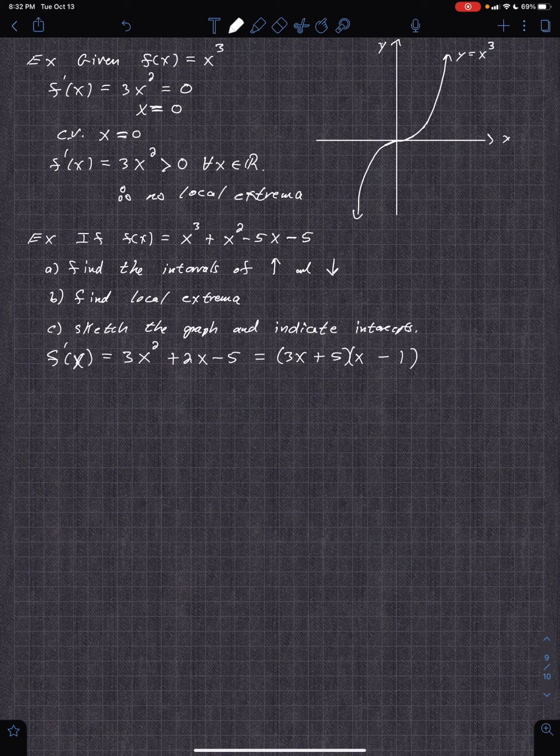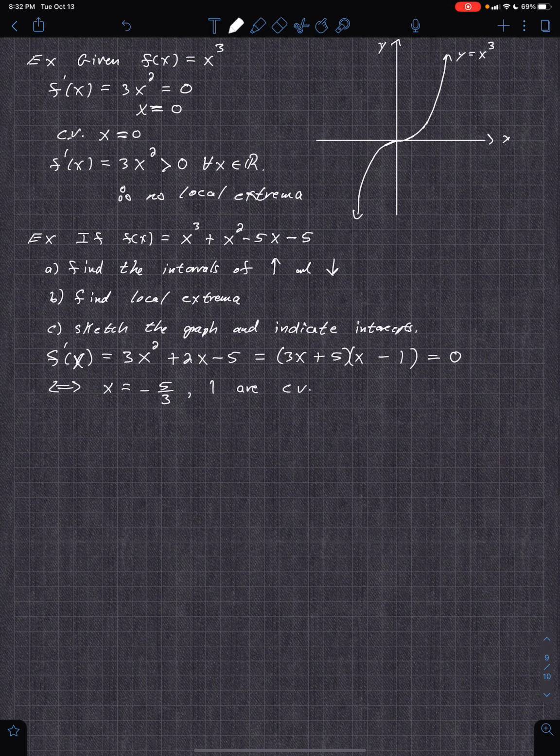Okay, so that implies we'll set that equal to 0. And so that is equal to 0 if and only if x is equal to negative 5/3 and 1. Okay, so those are the critical values, the only critical values.